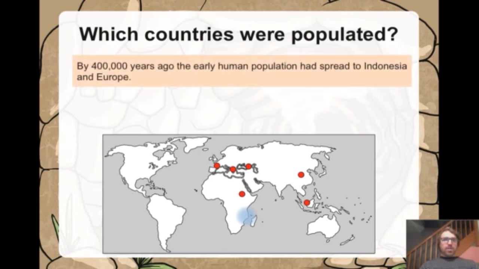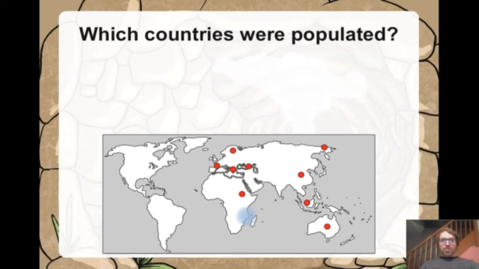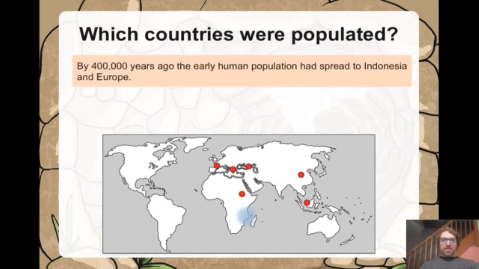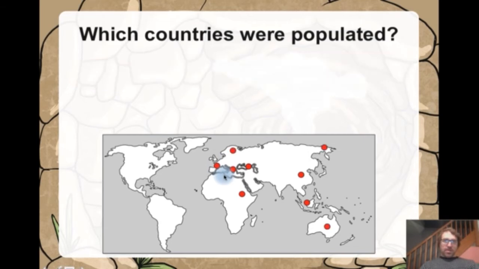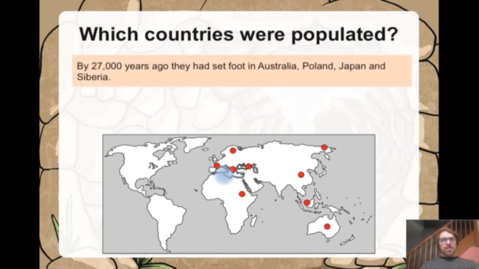By 400,000 years ago, the early human population had spread to Indonesia and Europe. So Indonesia is down here, and you can see this spread into Europe now as well. Okay, you can see all the dots arriving now. By 27,000 years ago, they had set foot in Australia, Poland, Japan and Siberia.